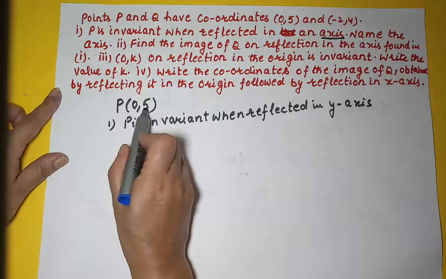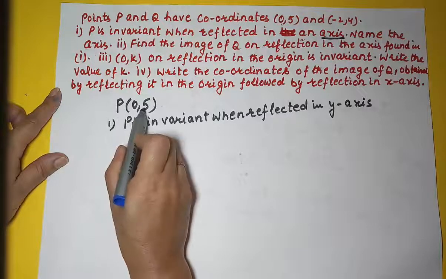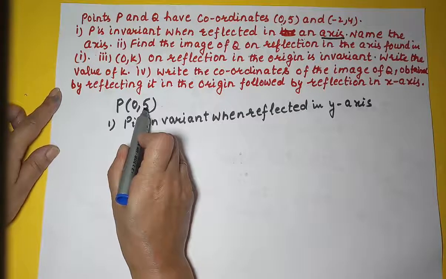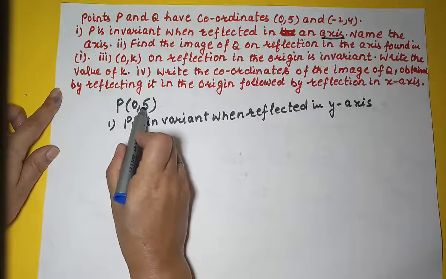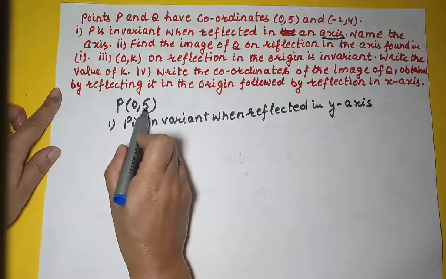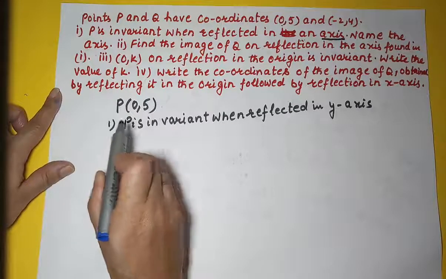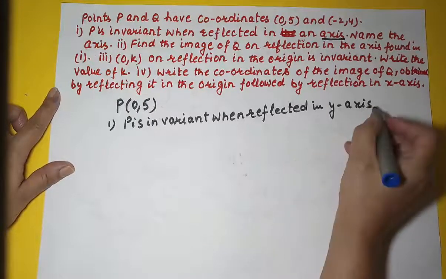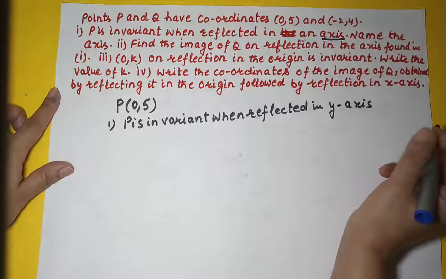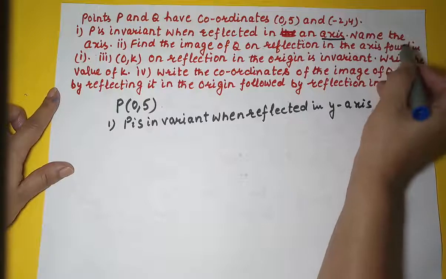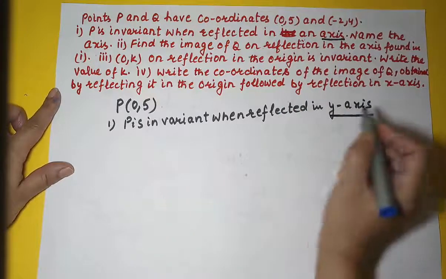So it won't remain invariant. Even if I reflect it in the origin, again both the signs will change. Again it will become (0, -5). That time also it's not invariant. So it is invariant only when I reflect it in the y-axis. So I have answered the first part. Now he's saying name the axis. We have named the axis, y-axis.